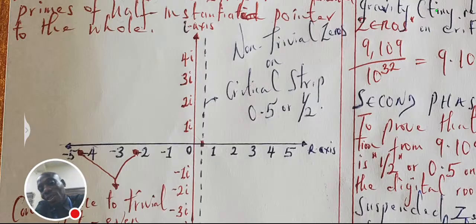Okay, so well, this problem, we know it has been around for over 160 years. The Clay Millennium Institute, I don't know if I got it right, have decided to give $1 million to whosoever solves the problem.